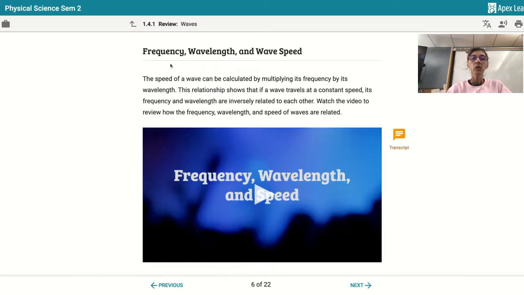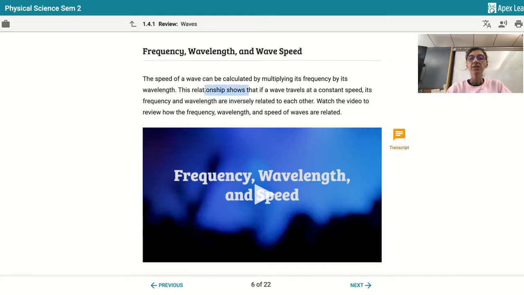Then with frequency and wavelength, we can now talk about the speed of a wave. The speed of a wave can be calculated by multiplying its frequency by its wavelength. So velocity equals frequency times wavelength.